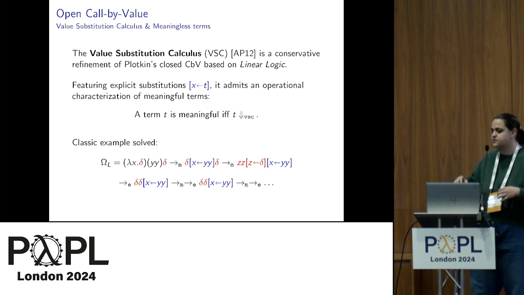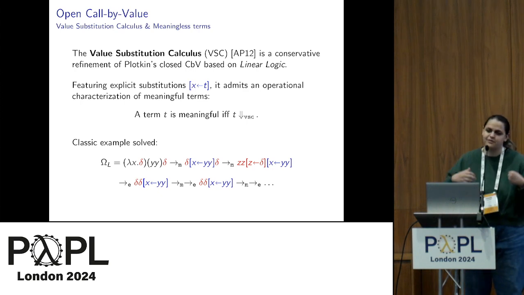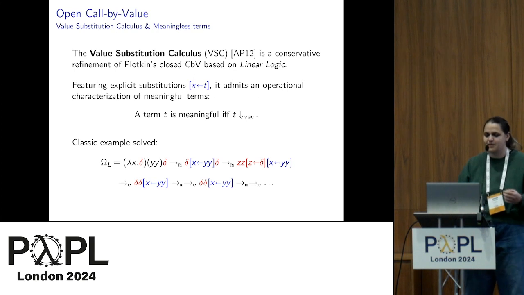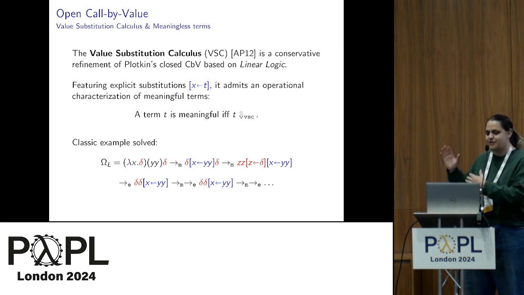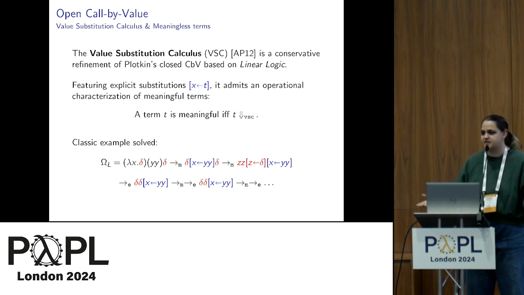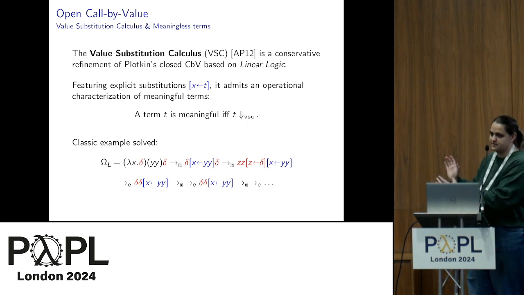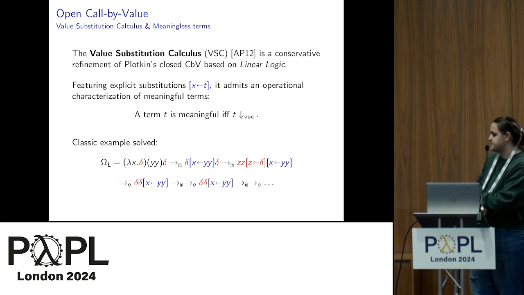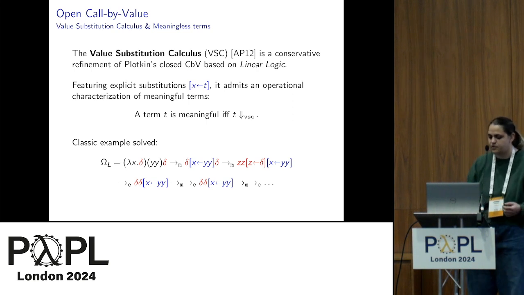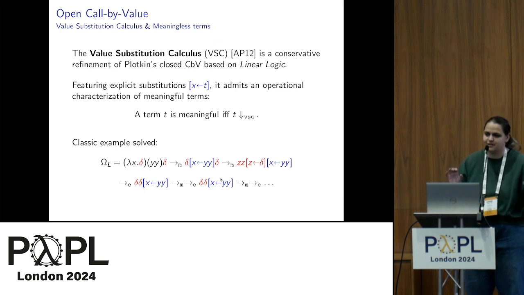We use explicit substitutions, and I don't want to go into detail on how it works, but we have the theorem that a term is meaningful if and only if it normalizes with a specific reduction of this calculus. In the example of omega left, where the left redex was stuck, this is solved with explicit substitutions. You can see that at some point we reach delta delta, and if we reach delta delta, we will actually loop on ourselves.